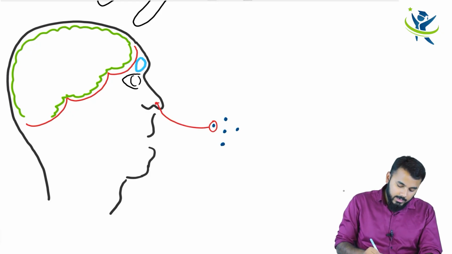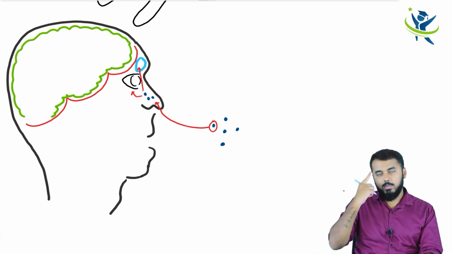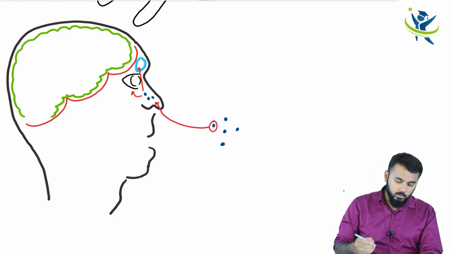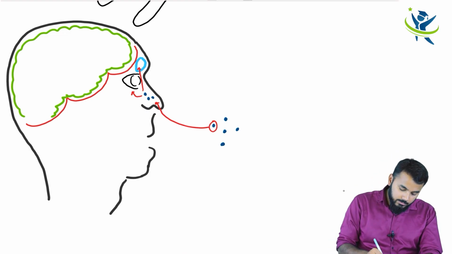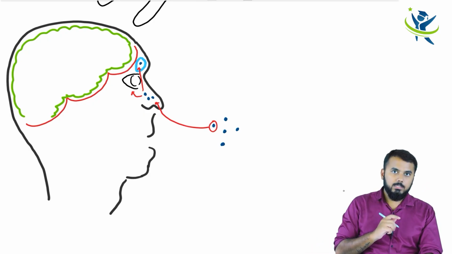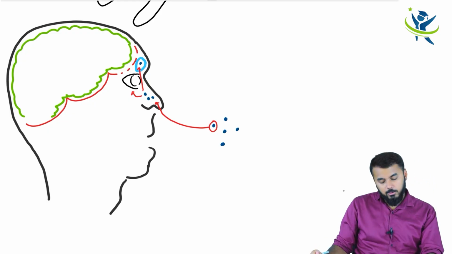When you have inhaled these spores, they either enter your eye or they enter your paranasal sinuses, like the frontal sinus, maxillary sinus, and ethmoid sinus. So let me show you the spore entering into the sinus. From the sinus, if you look here, there are small openings in the cranial fossa.